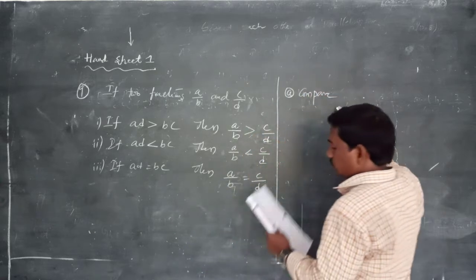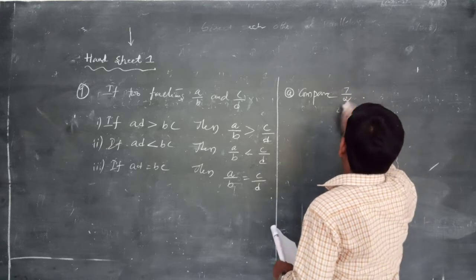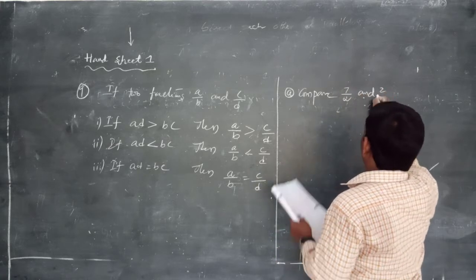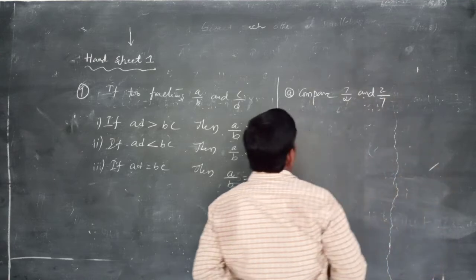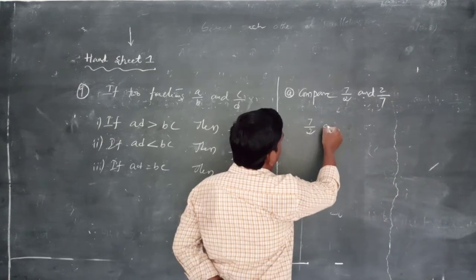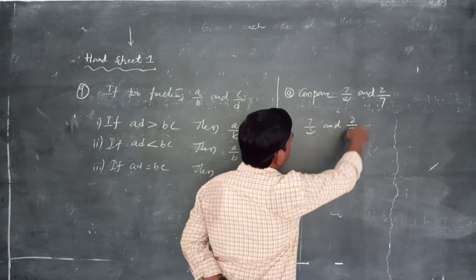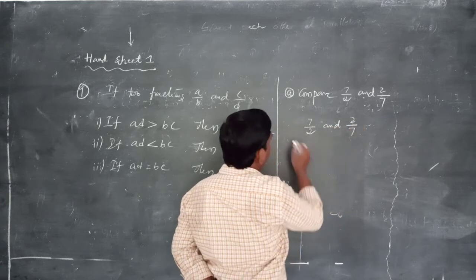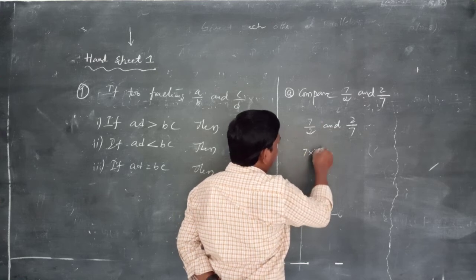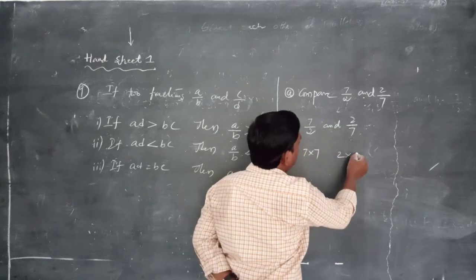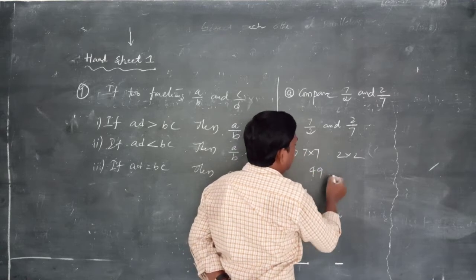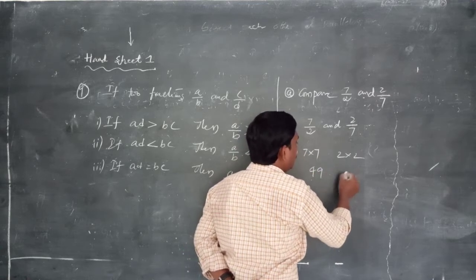Compare 7 by 2 and 2 by 7. Take the cross multiplication. 7 sevens are 7 into 7, 2 into 2. 7 sevens are 49, 2 twos are 4.